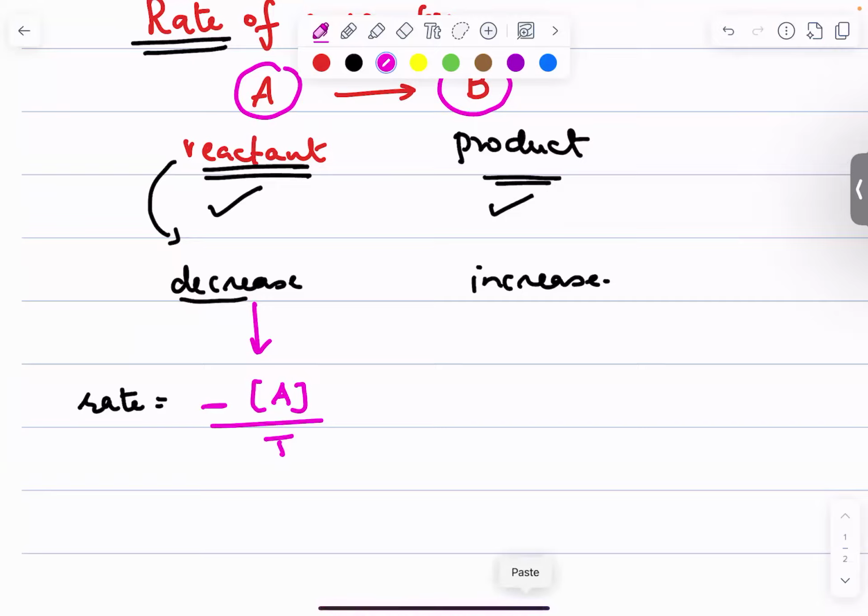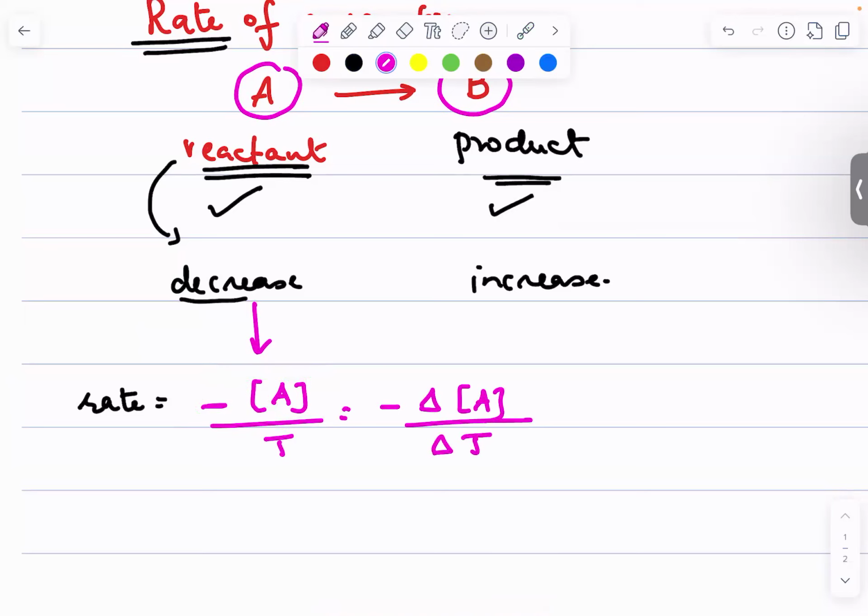This means that the rate of the reaction in terms of reactants can be measured by measuring the change in the concentration of A divided by the change in time. It can also be written as minus small change over small change in time.